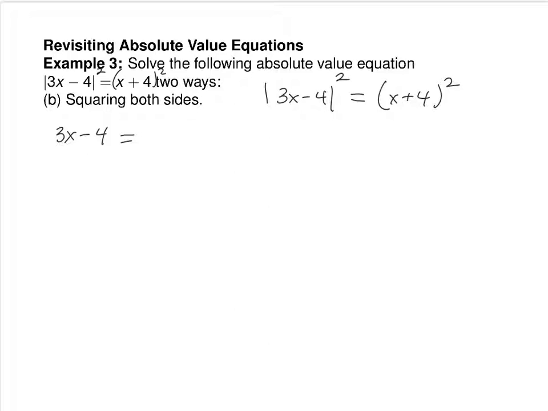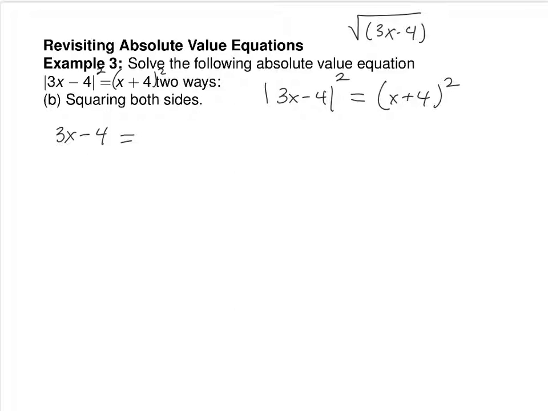Because isn't an absolute value kind of like a radical? Yeah, and that's also a thing. Remember how we also said the absolute value is kind of like a square root of something squared, right? You can treat it like a radical.